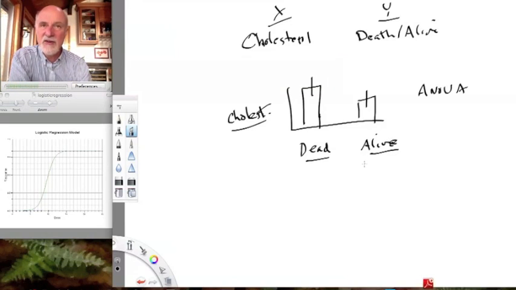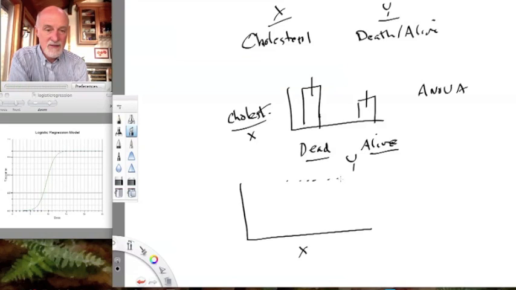But it turns cause and effect on its head, right? Because what we're proposing is that this is our x and this is our y. So why not use logistic regression where you have a continuous x and then you have alive or dead? Maybe dead is up here and alive is down here, and you're fitting a function to it.